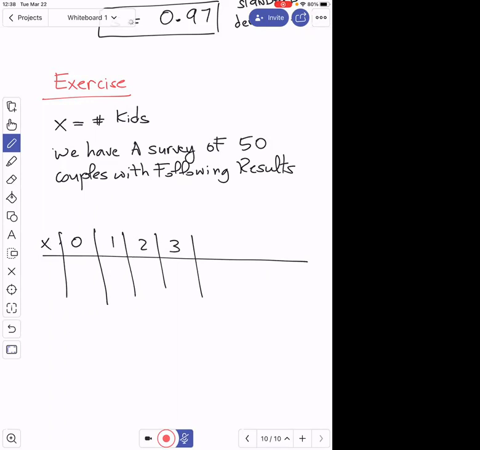And then we have, so this is 4 here. And then here, this is the number of couples. For example, the number of couples with 0 kids is actually 15. The number of couples with 1 kid is 20.